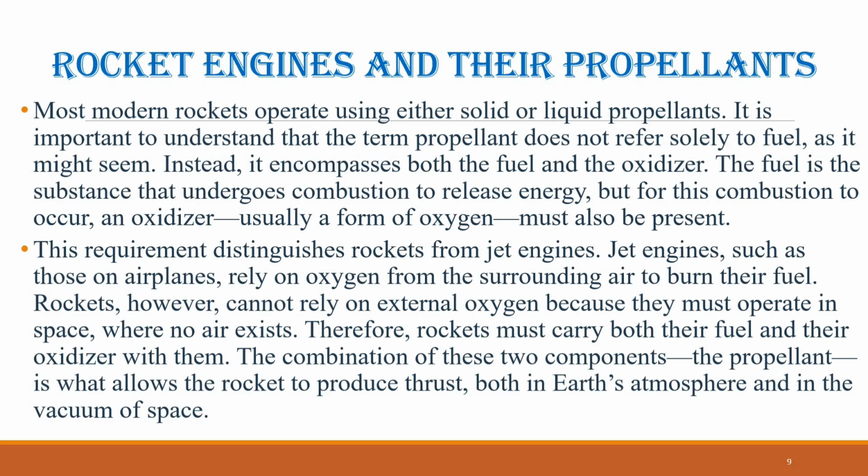Liquid propellants, on the other hand, are usually gases that have been cooled until they liquefy. In liquid propellant rockets, the fuel and oxidizer are stored in separate containers. When the engine fires, the fuel and oxidizer are carefully mixed inside the combustion chamber, where they react to produce high-speed gases and thrust.